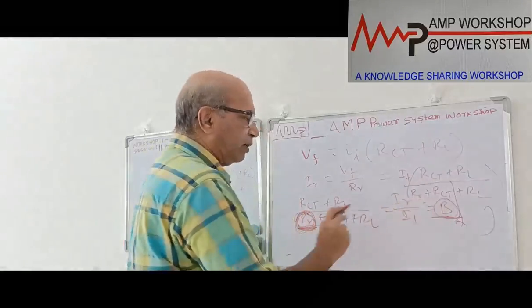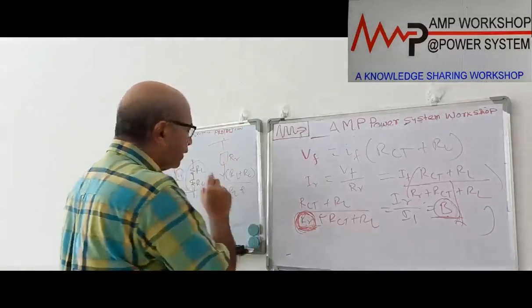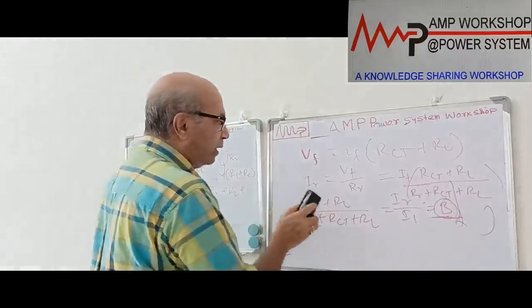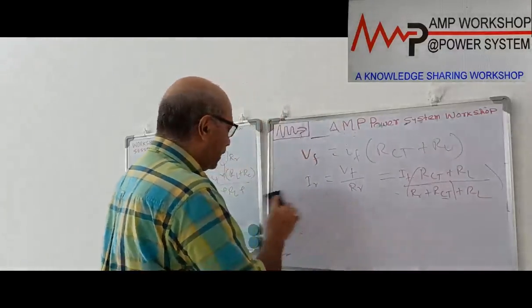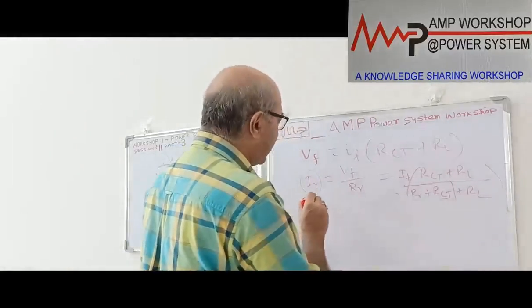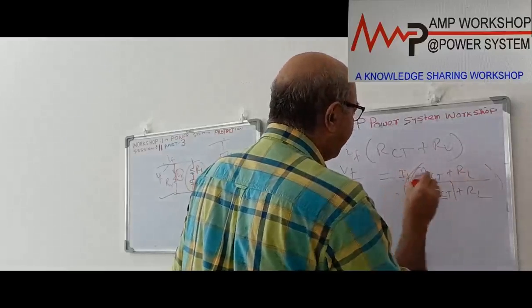So the bias factor is not depending on the current; it is dependent on the relay path resistance. And the relay current IR, the operating current of the relay, depends on this factor, right? IF into this.